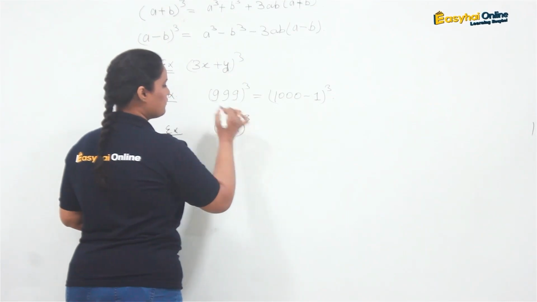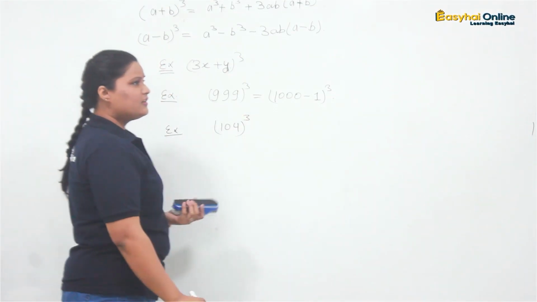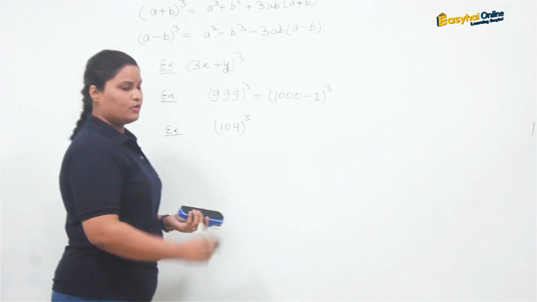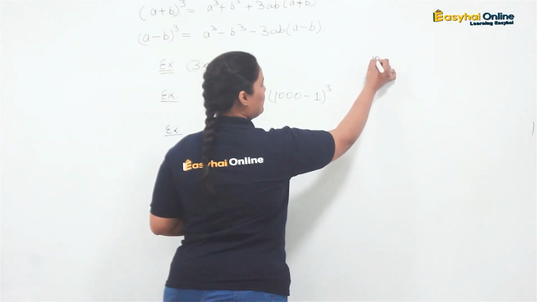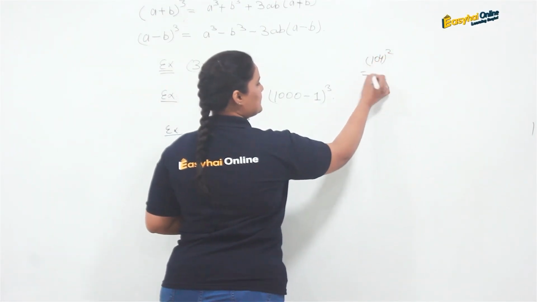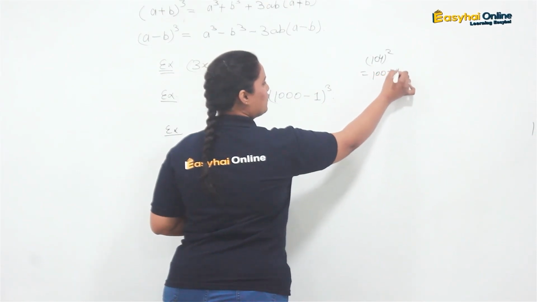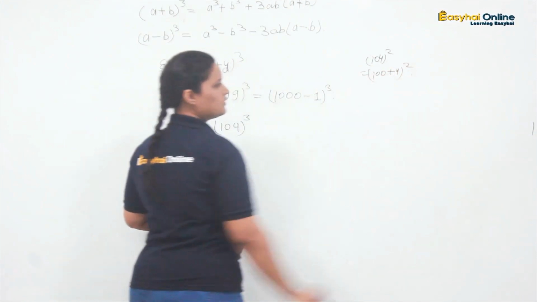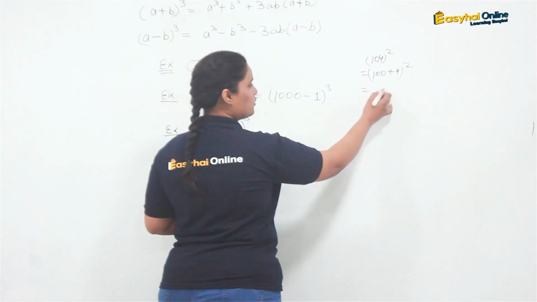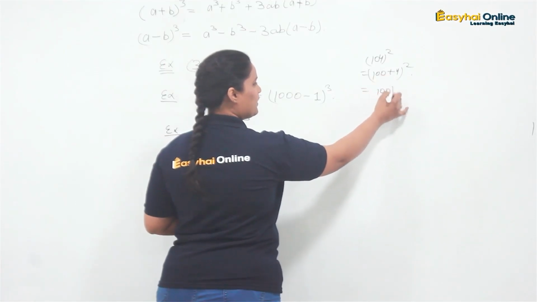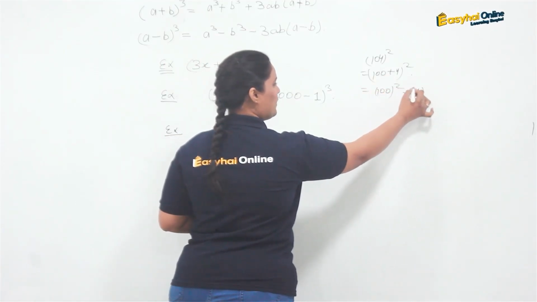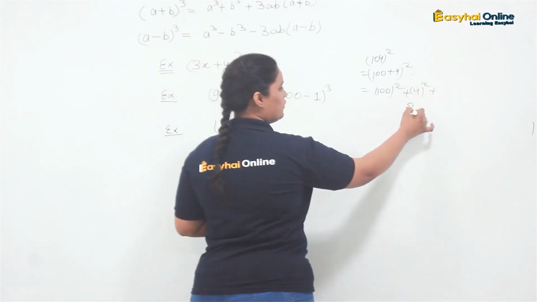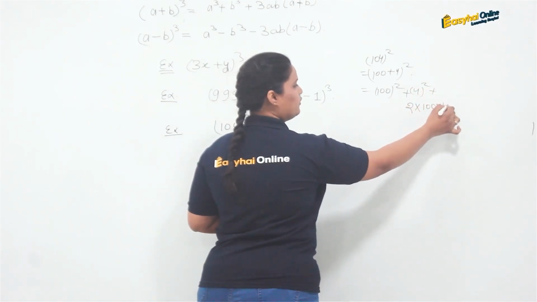104 whole cube. Similarly, in the case of squares also, you can find the square of 104 by using the identity. You can write it like (100 plus 4) whole square, right? And draw the formula for this, like 100 square plus 4 square plus 2 into 100 into 4.